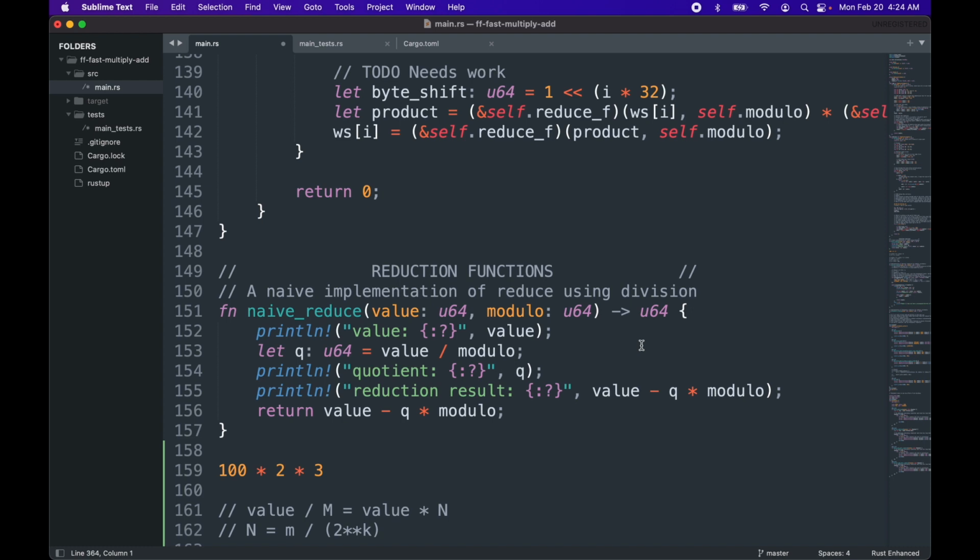Okay. Anyways, this was the 10-minute hack that I did. No, sorry, this was the 10-hour hack that I did. I learned some Rust. I learned more things about finite fields, modular arithmetic, Barrett reduction, and a little bit about Montgomery reduction.